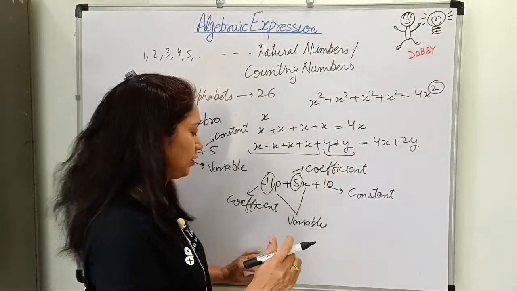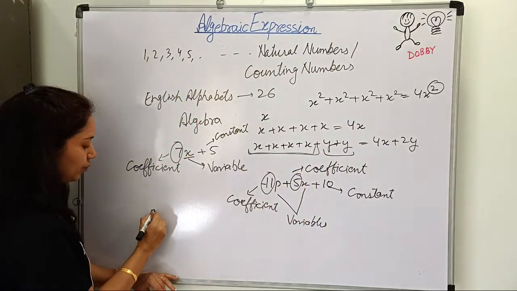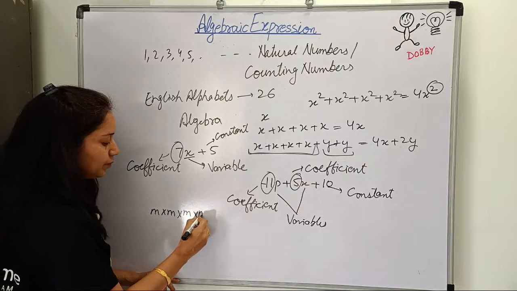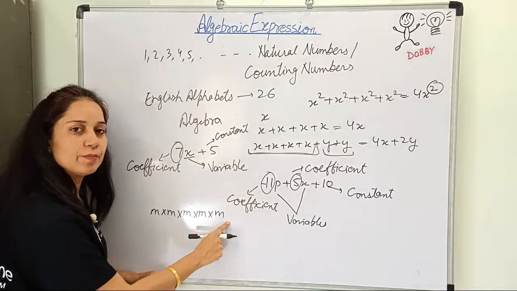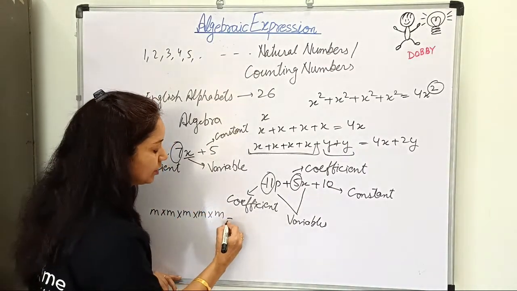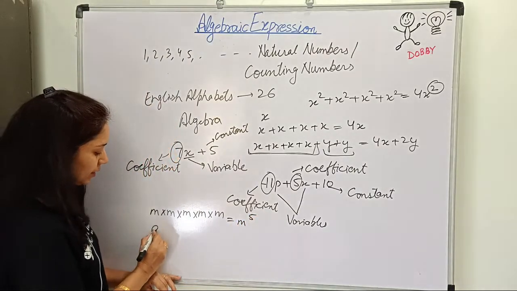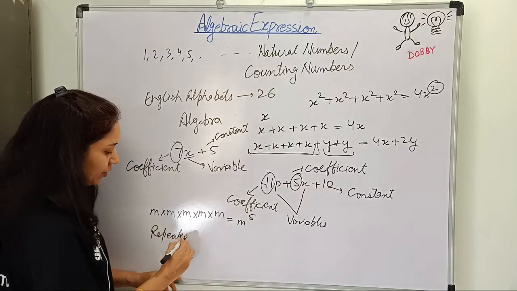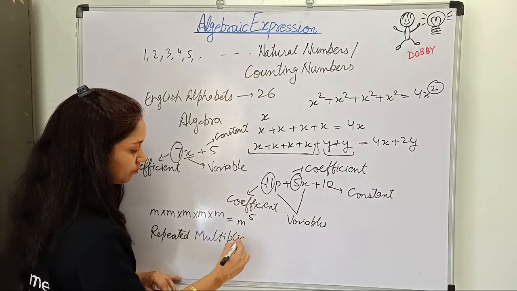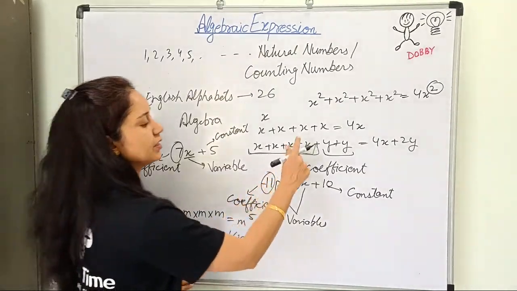In multiplication, this was the concept of addition, when a same variable is being multiplied repeatedly. How many times m is multiplied? 5 times m is multiplied. Repeated multiplication. So it becomes m raised to the power 5. This is repeated multiplication which we have done in exponents and powers. Repeated multiplication, and this is what?